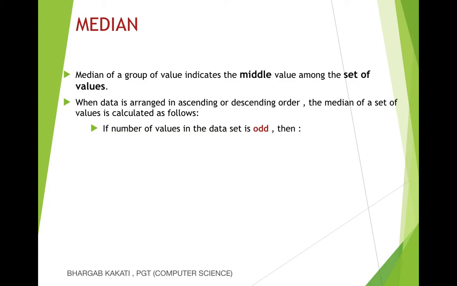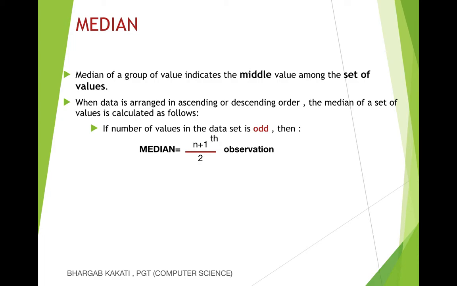One, if the number of observations is odd. Odd means if you have 1 observation or 3 or 5 observations and so on, then you need to find the median by this formula: median equals the (n plus 1) by 2th observation. So the (n plus 1) by 2th observation will be the median if the number of observations is odd.